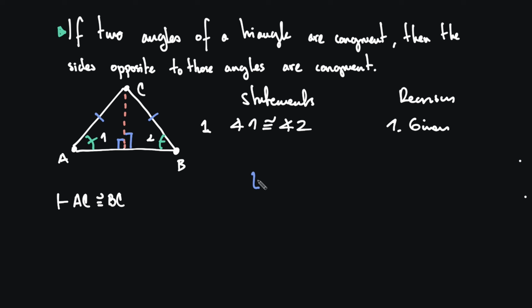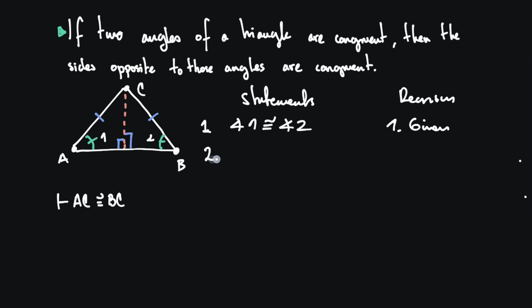So we have a leg and an angle, right? And when we have a leg and an angle in a right triangle, we know that this is a postulate. And if this is a postulate, then the two triangles are congruent. If they are congruent, by CPCTE, everything that corresponds is going to be equal. It's going to have the same measurement, right? So angles and sides and everything is going to be equal. So these two sides will be equal. All right, so let's use that plan to prove this.